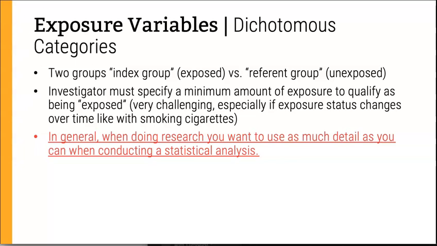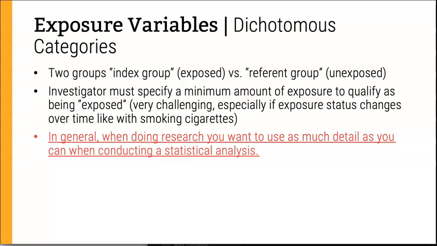However, the general rule of thumb is that whenever possible, you as a researcher want to access the full data, meaning a continuous data set where you can get a hold of the raw data.